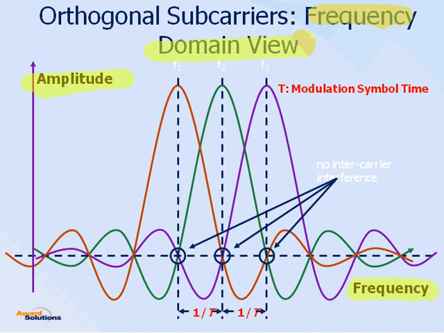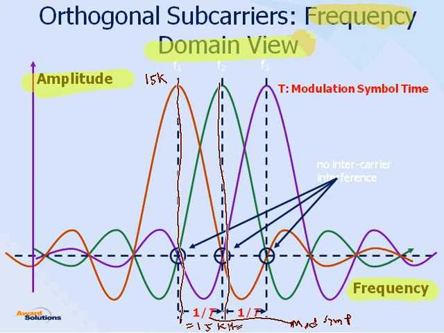That will be amplitude squared. The spacing between two subcarriers, F1 here, F2 here, is 1 divided by the modulation symbol period, and we already know 66 microseconds, so that would be 15 kilohertz for LTE. So if this one is at 15 kilohertz, the other would be 30, this would be 45 kilohertz. Spacing is always 15.